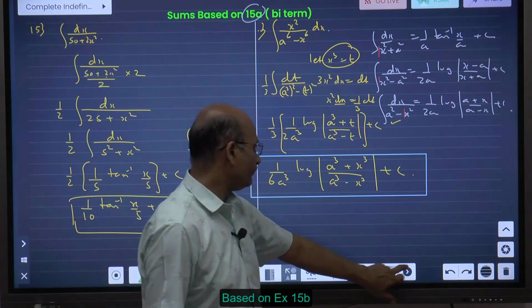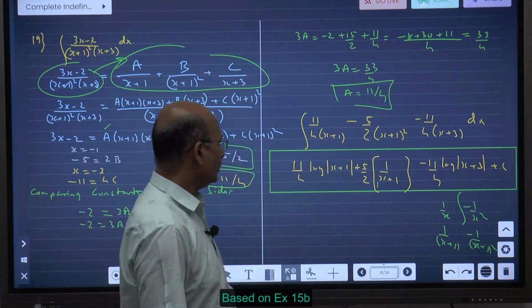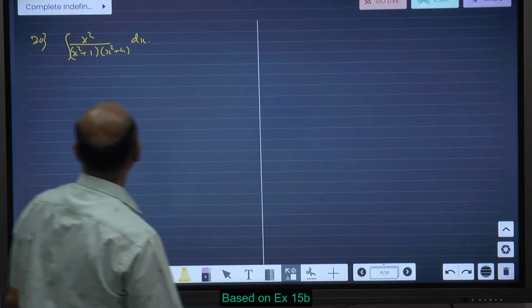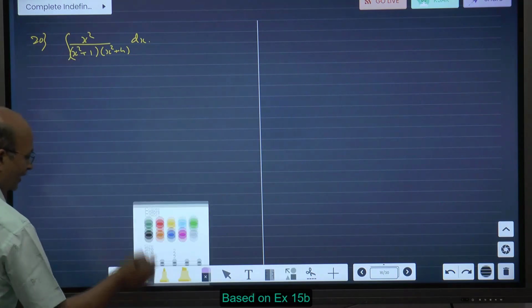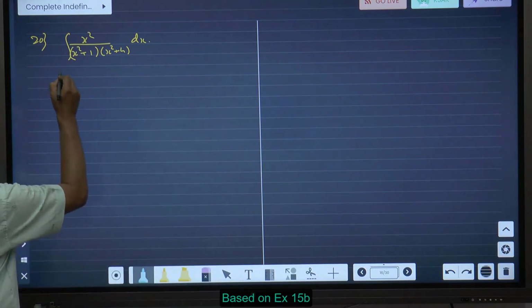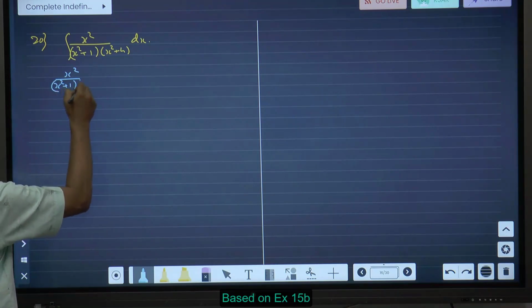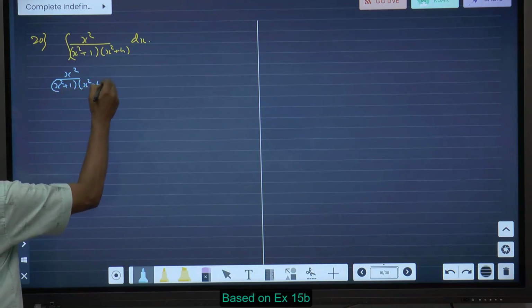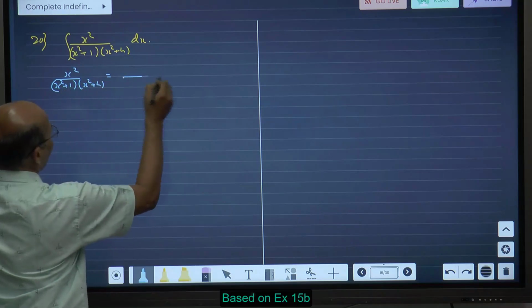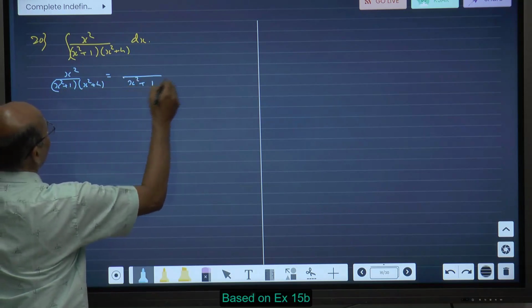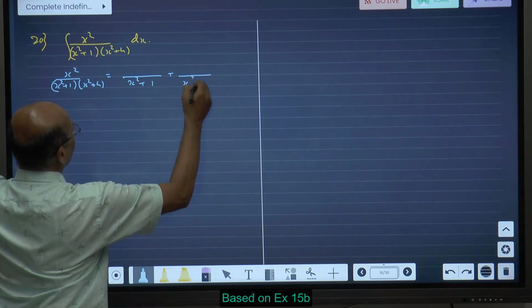Okay, so let us see this part here. Okay, guys, simple working, much easier than that. So what I'll write: x square upon x square plus 1 into x square plus 4 is equal to, as I told you, first write the factor, x square plus 1, x square plus 4.